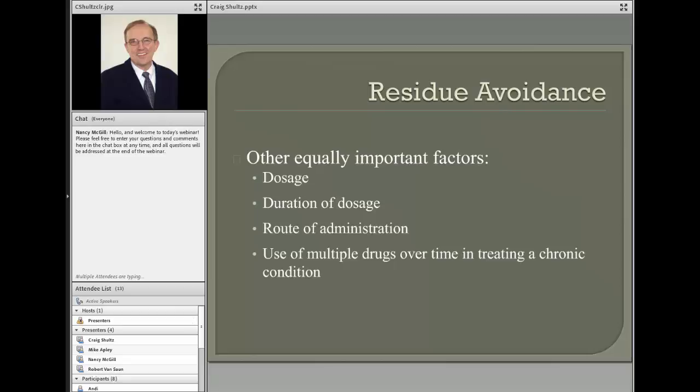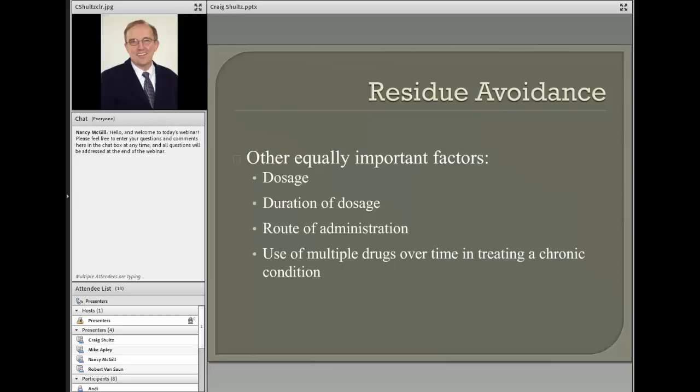Same way with duration of dosage. If the label says 3 days and you use it for 5 days, we've got a concern there. Route of administration, if the label says injected at the base of the ear and it's been injected intramuscularly in the neck, similar VCPR, veterinarian client-patient relationship, is required.